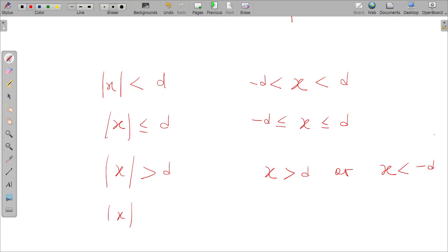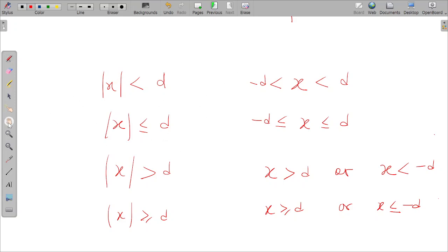The same way for greater than or equal to: x greater than or equal to d, or x less than or equal to negative d. So this is very, very important whenever you are solving any problem in absolute value.